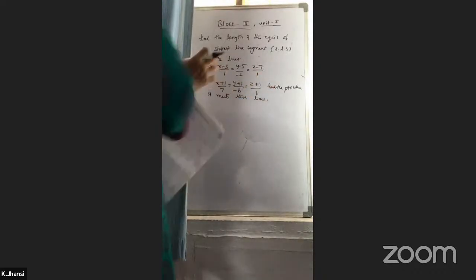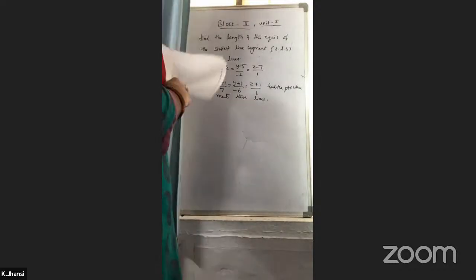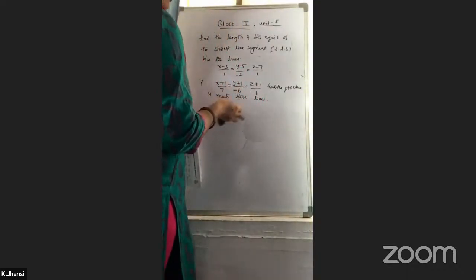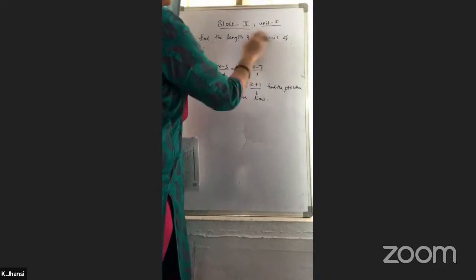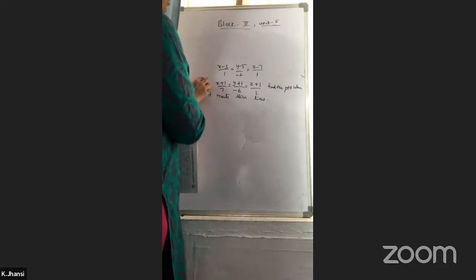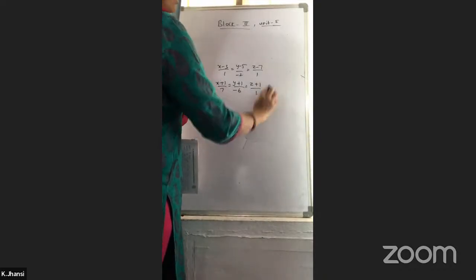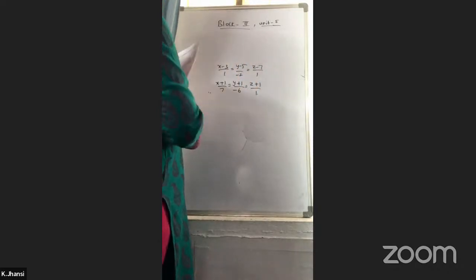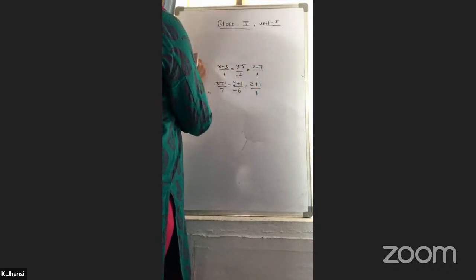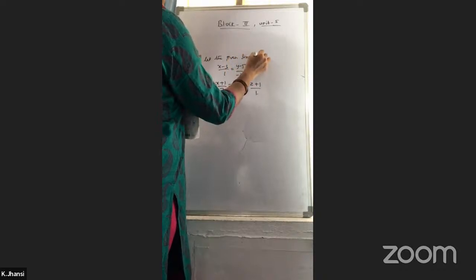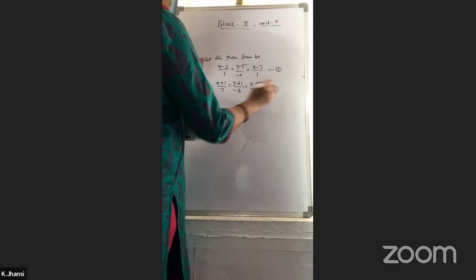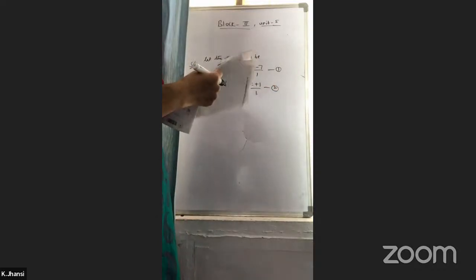In the solution, first you write: let the given lines be equation 1 and equation 2. Take this as 1 and this as 2. These are the two given lines.